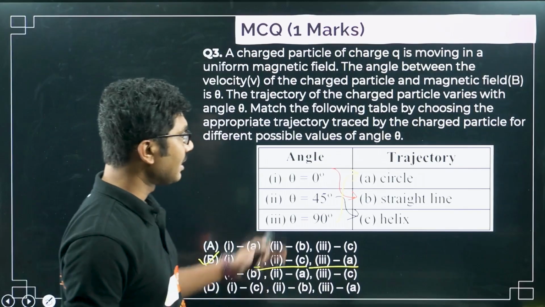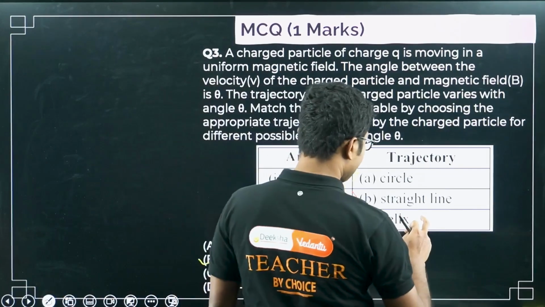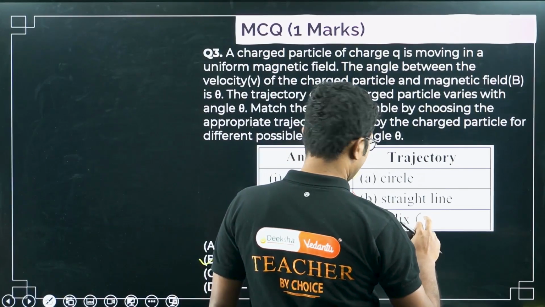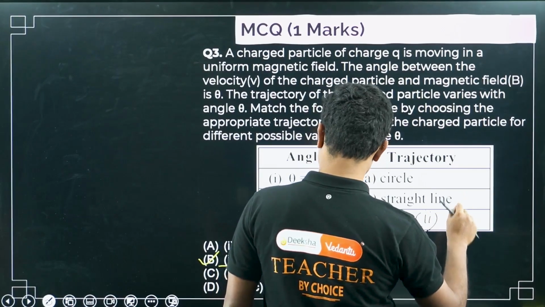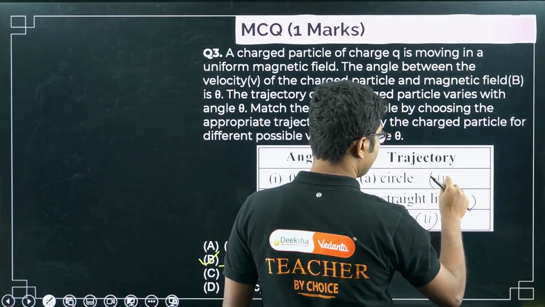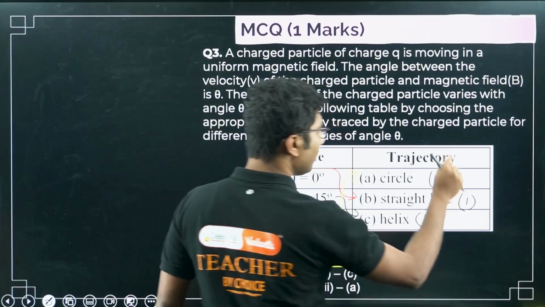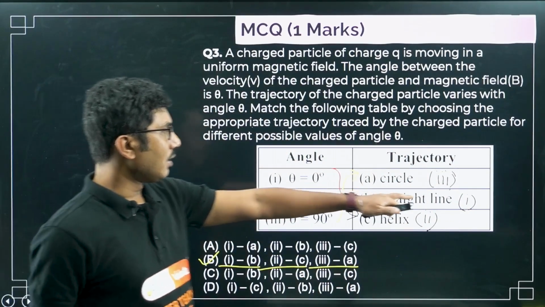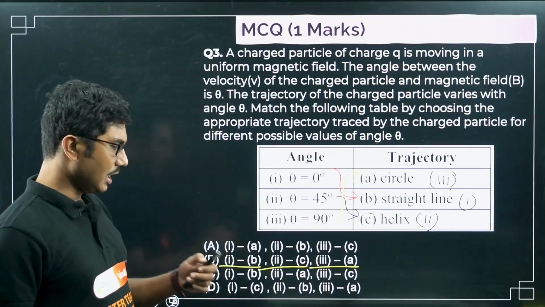If you use the same color, it might be difficult. Or you can mention this is number 2, this is number 1 and this is number 3. This is another way that every student uses. So 3 is A, 1 is B, 2 is C. You can see only this option is correct, right?